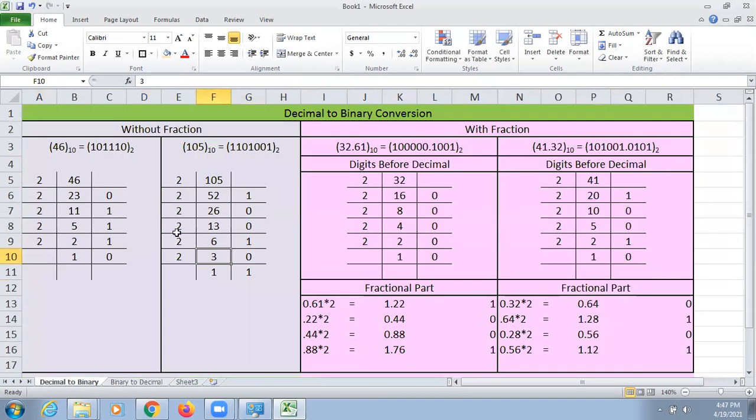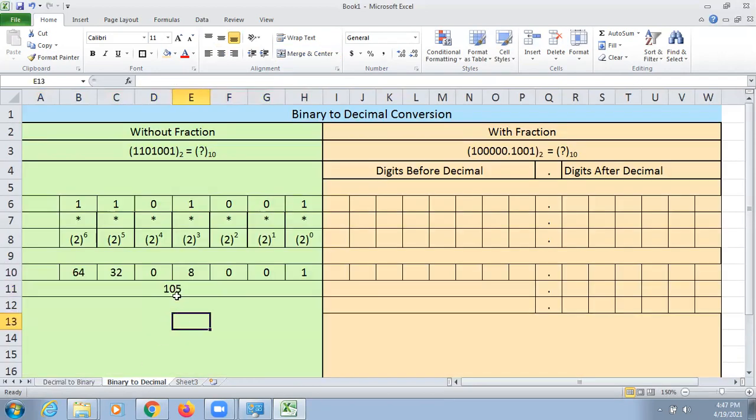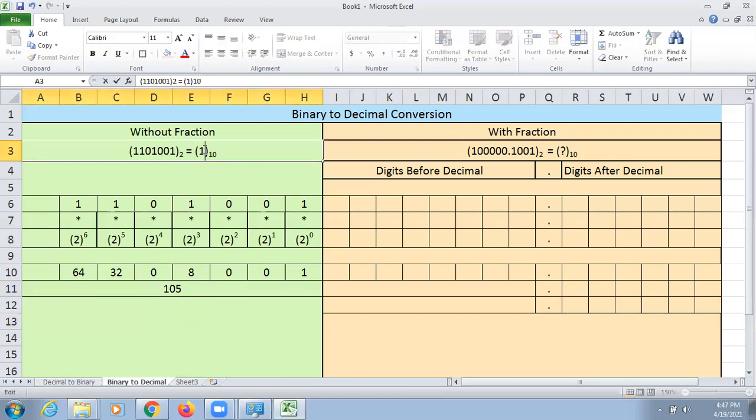Let's check now. Here also it was 105. So this is the decimal conversion of this binary number. The result is 105.